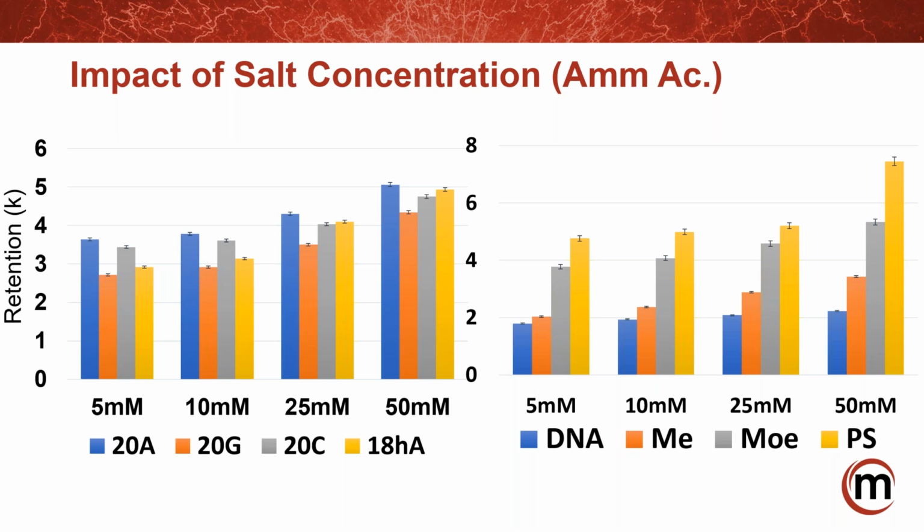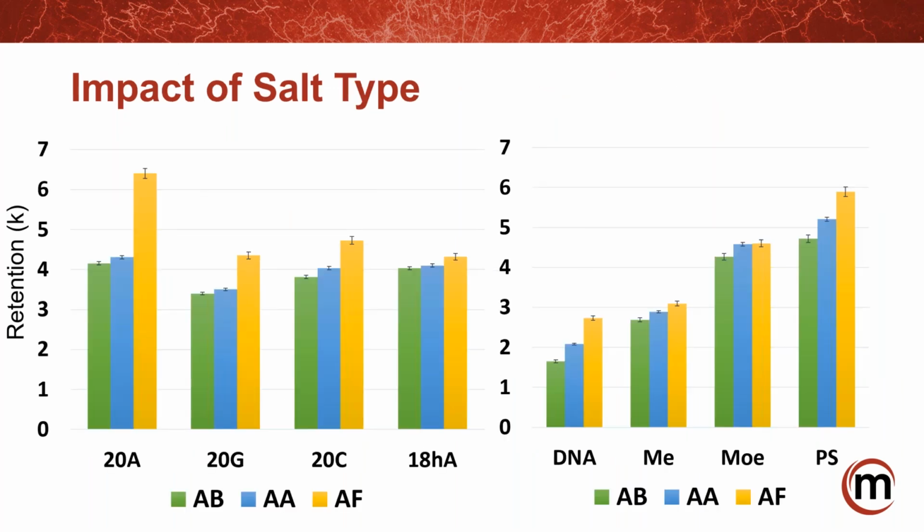The more salt we put in there, you can see the retention starts to creep up, and that's consistent. And when you look on the right, at least from the unmodified, that's what we see, and then we see the same thing on the modified. Obviously, the more salt we get, the more it starts to retain onto the column, which makes sense.